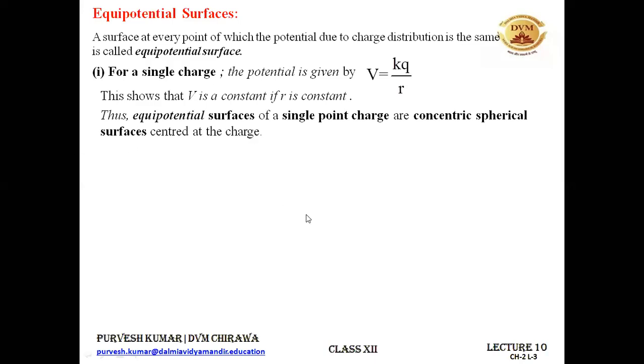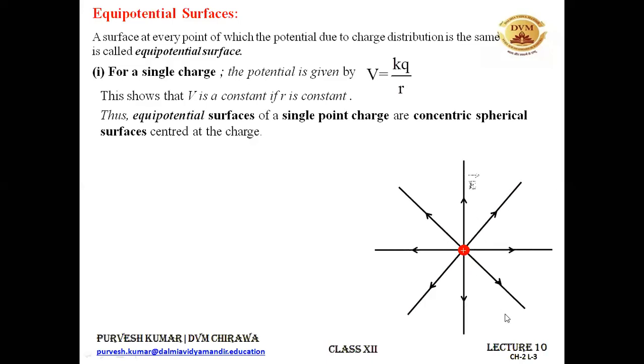Let's take a charge. So this is my plus Q charge. The electric field from this point charge will be in this direction, because from the positive charge, the electric field will always be moving out from the point charge.